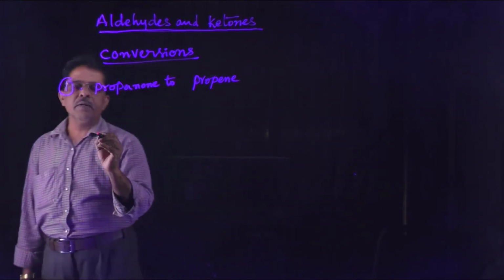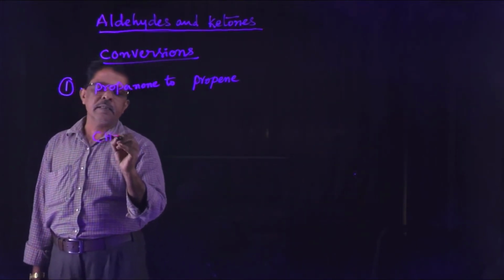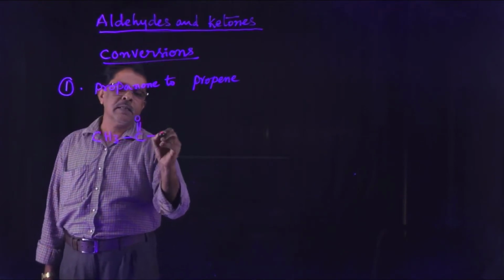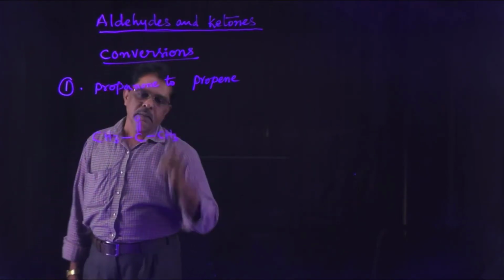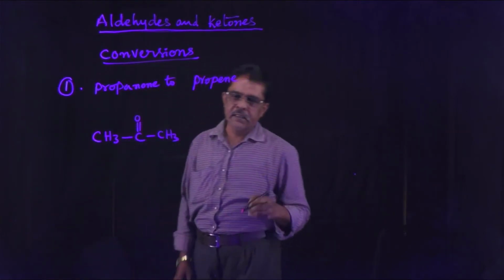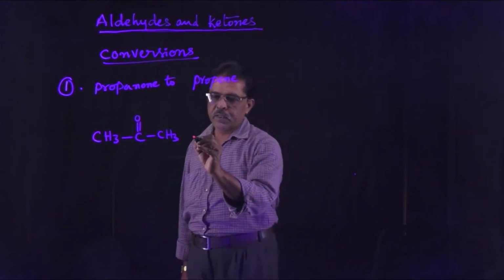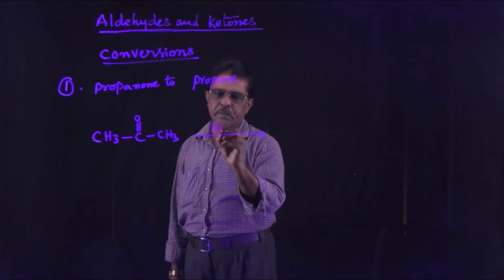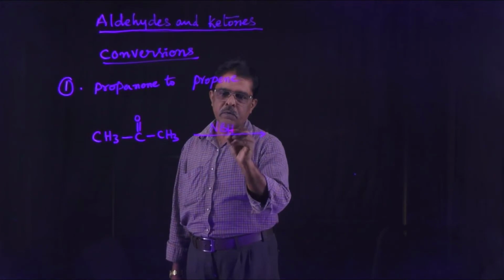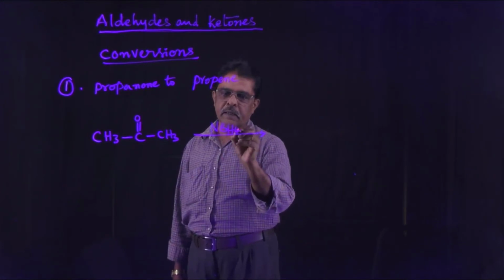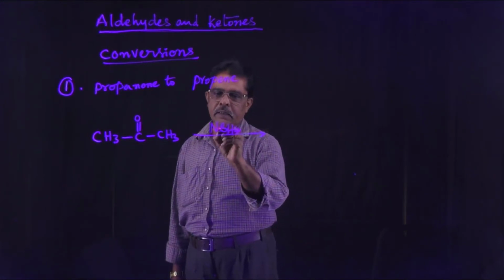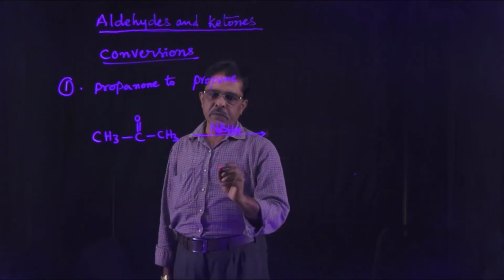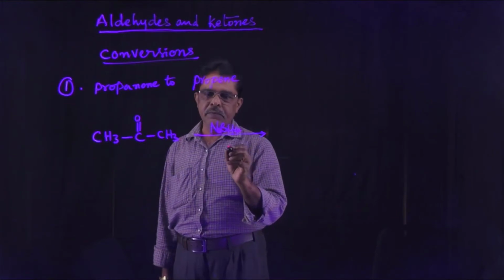So you know the formula of propanol is CH3 C double bond O CH3, right? This propanol is reduced with sodium borohydride, NaBH4.